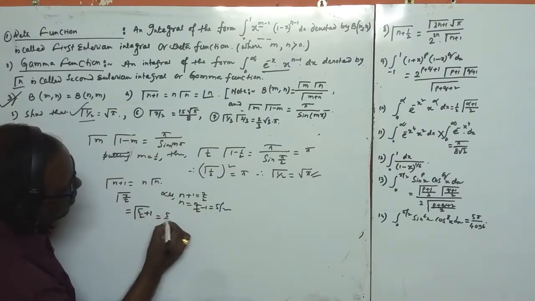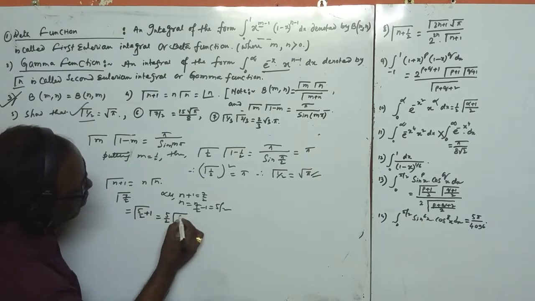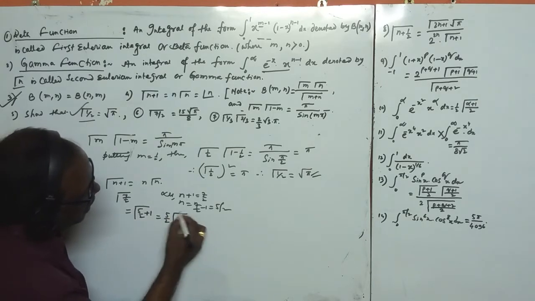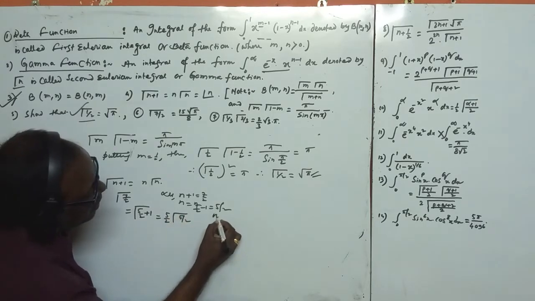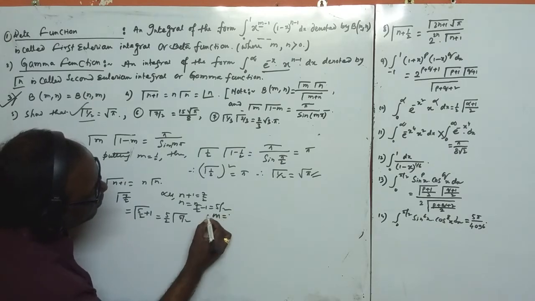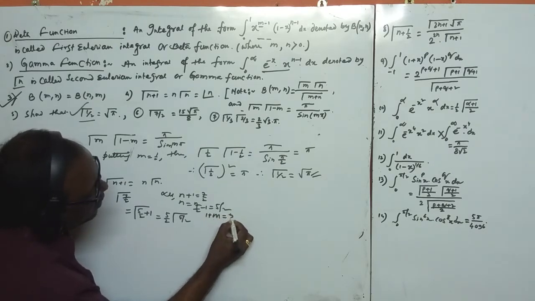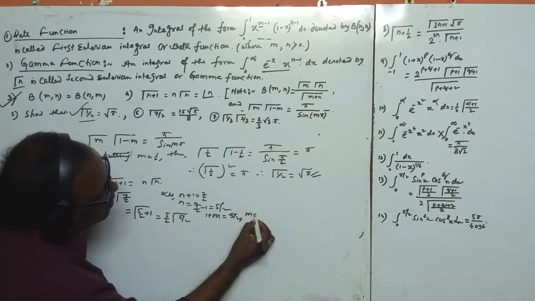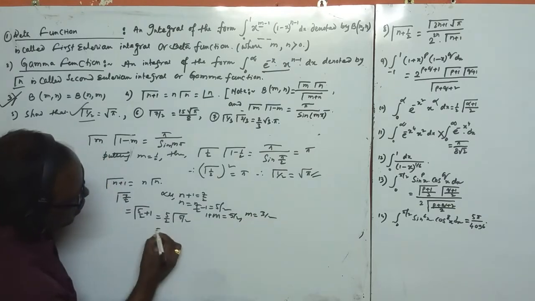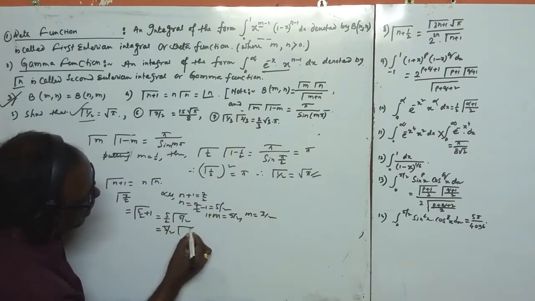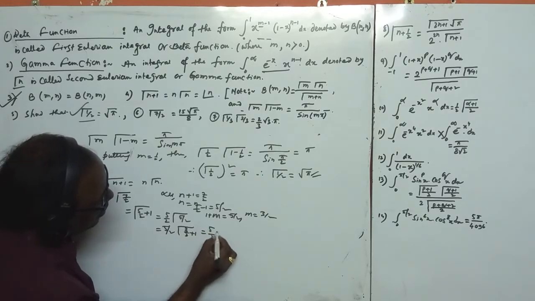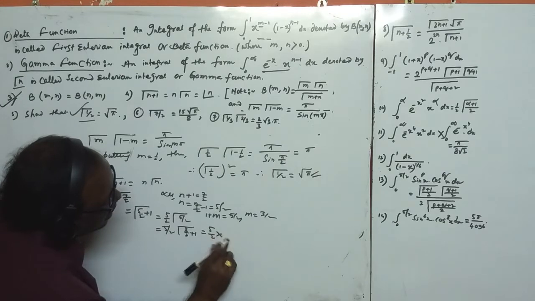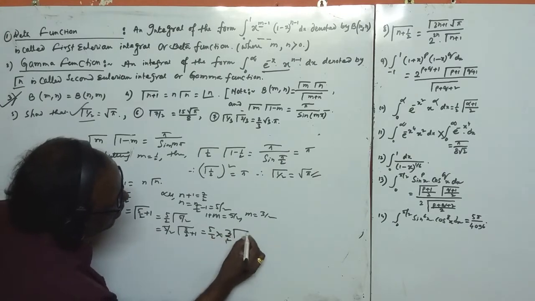So it can be broken into 5 by 2 gamma 5 by 2. Again let us assume m plus 1 is equal to 5 by 2, so m is equal to 3 by 2. So this can be expressed by 3 by 2 plus 1, and you can write 3 by 2 gamma 3 by 2.